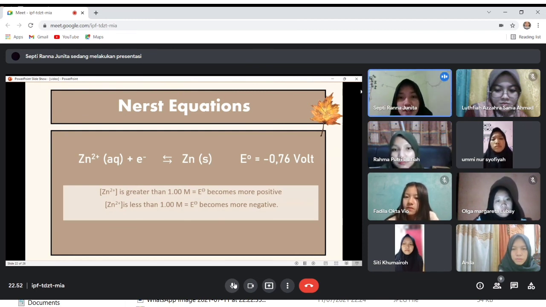Miss, how does the concentration change affect the whole cell if the conditions are not standard? That's a good question. Now, look at the screen.